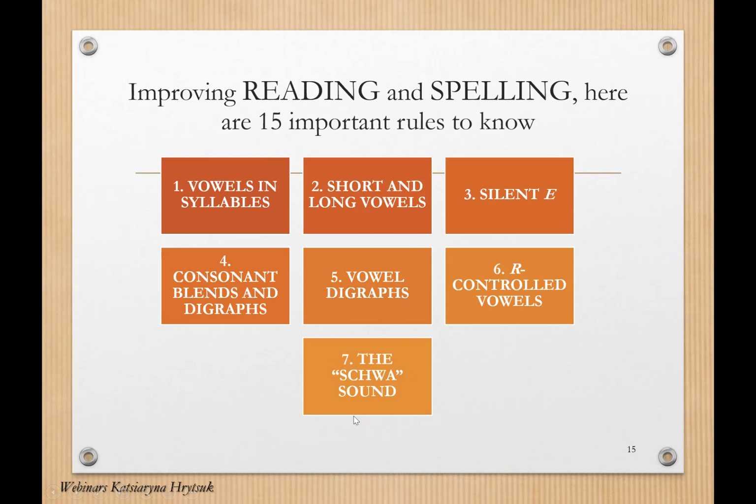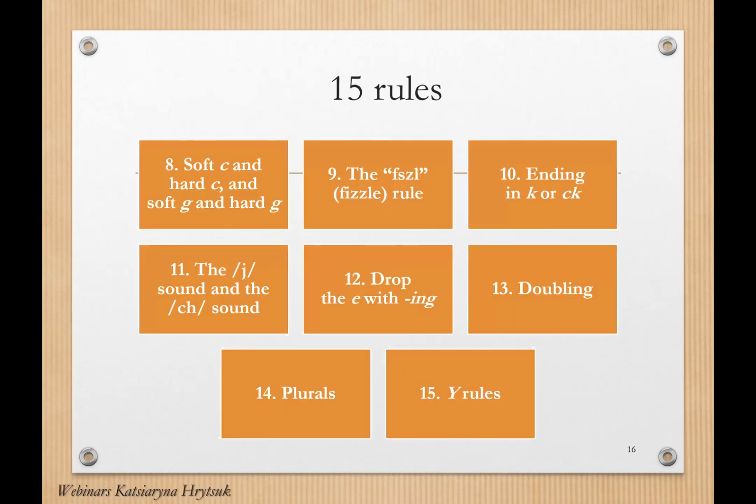That is rule number 7. You will see what I will say about it. Then rule number 8, that is soft C and hard K. Sometimes it's soft S, sometimes hard K, so it depends. And soft G and hard G. Then we have the fizzle rule, number 9.